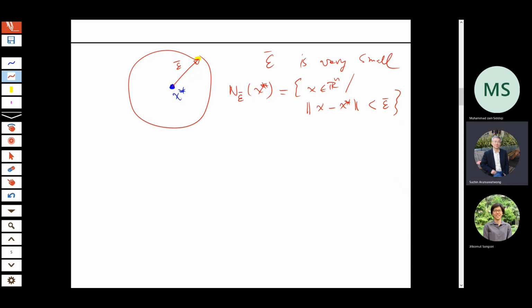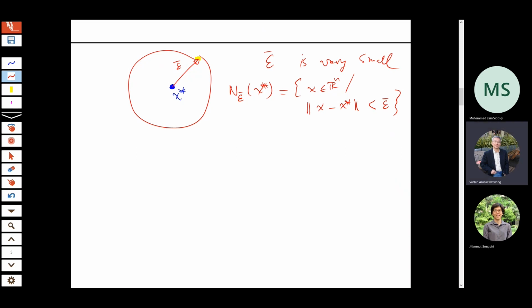Correct? This is the neighborhood. It defines an open ball, or an open sphere, in Rn around the point x star.